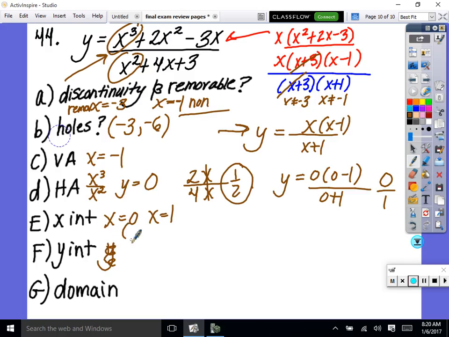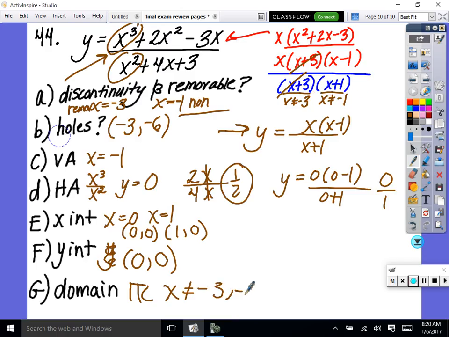This would be written as a point. So the x-intercepts were 0, 0 and 1, 0. We plugged in x equals 0, and we got out 0. And our domain is all real numbers except x cannot equal the two discontinuities, negative 3 and negative 1. All right, that's everything.